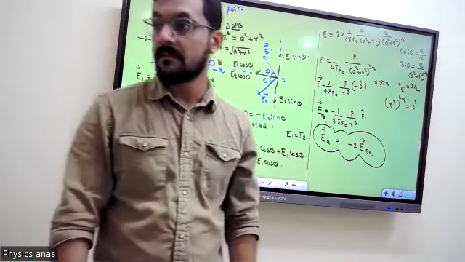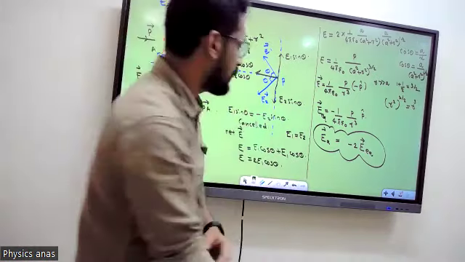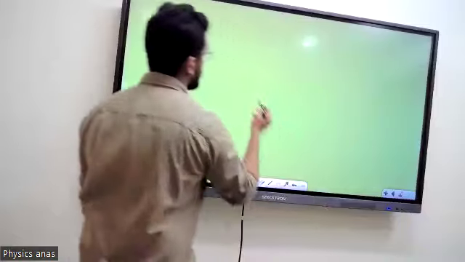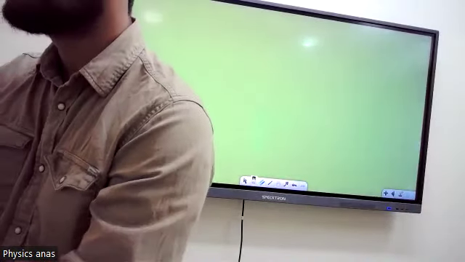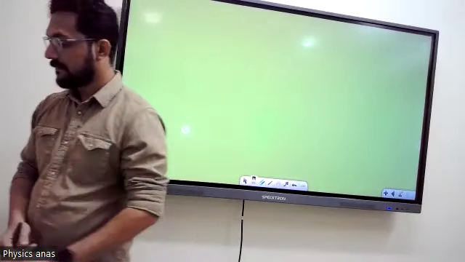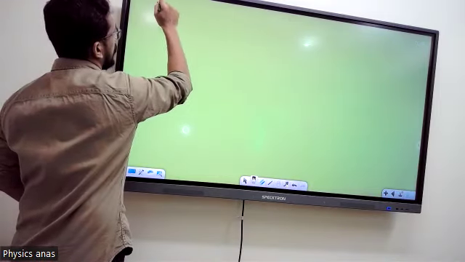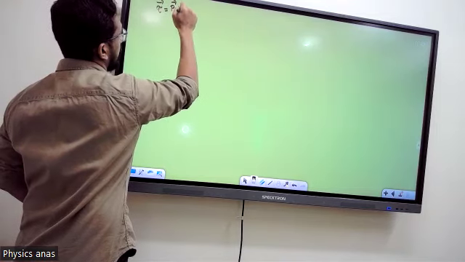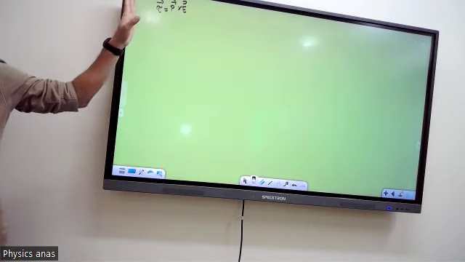The final equation is the torque equation, and that's a very simple one. Tau is equal to P cross E. So you can skip. Is that okay? Then anything else? Next, electric flux is okay.